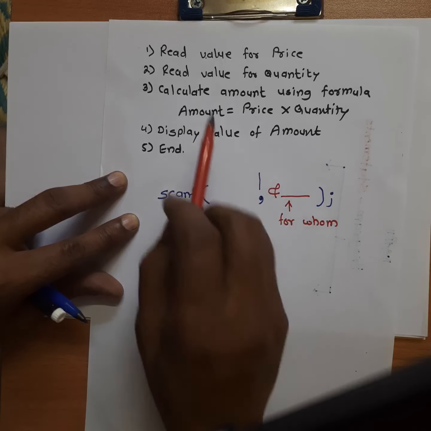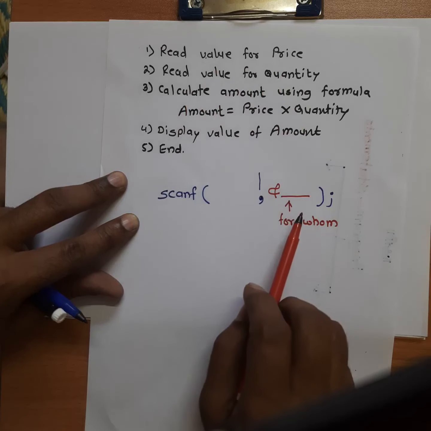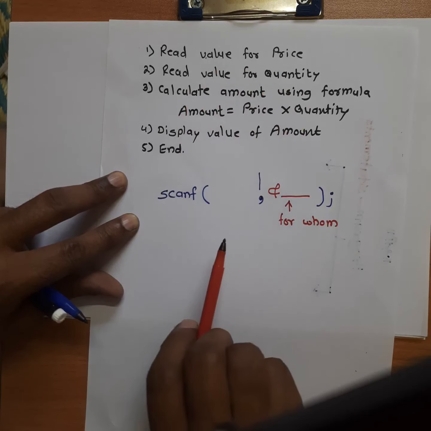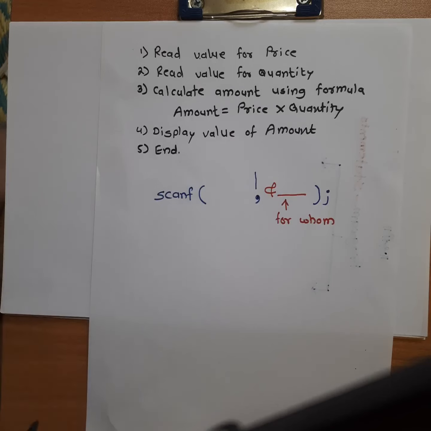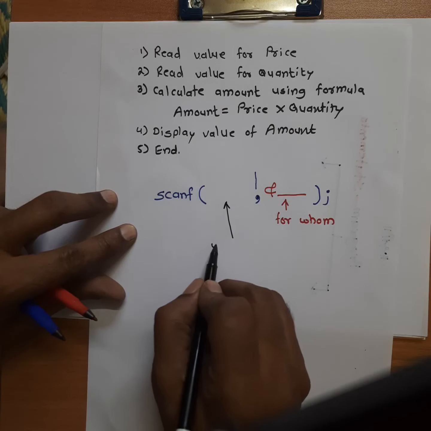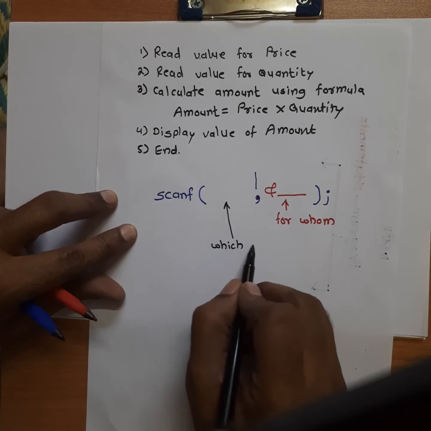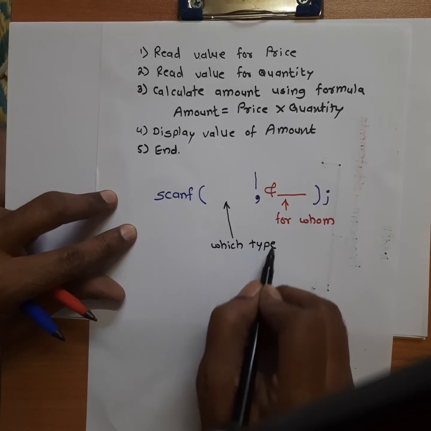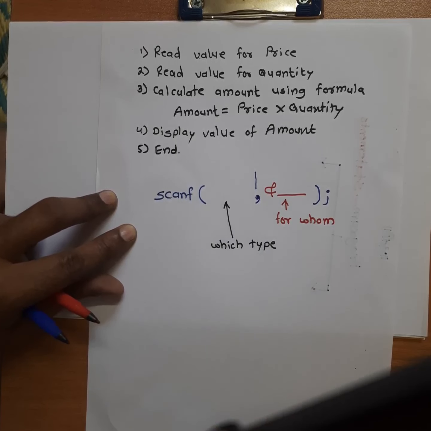So this first statement indicates read value for price. And this first part indicates of which type of value you are expecting.